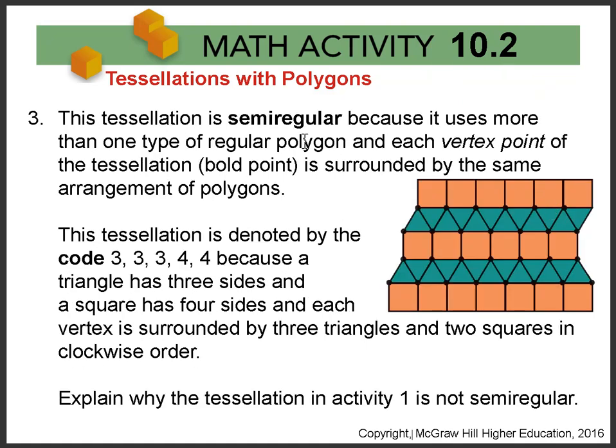In question 3, this tessellation is semi-regular. It has more than one type of regular polygon, and around each vertex is the same arrangement. This one has a code 33344 because the triangle has 3 sides, the square has 4 sides, and each vertex has 3 triangles and 2 squares.